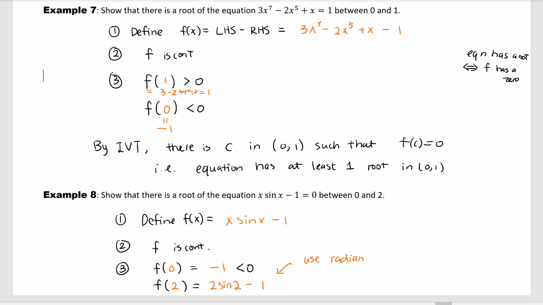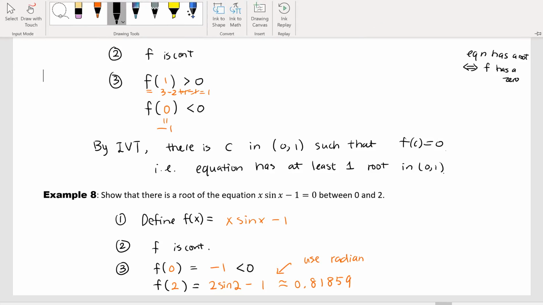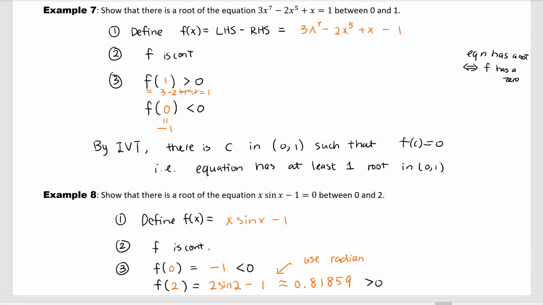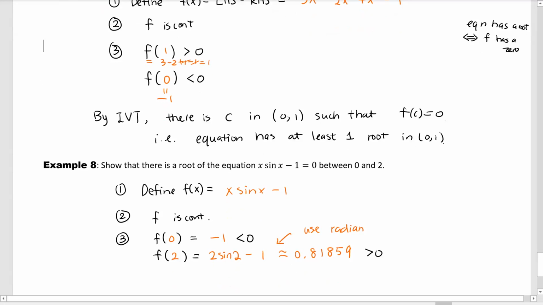Let me plug it in my calculator. So 2 times sine 2 minus 1 is approximately 0.81859. And you can see this is positive. See, I have found a number whose f is positive.